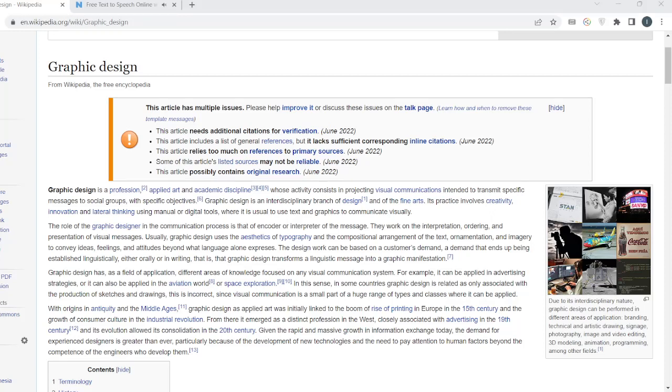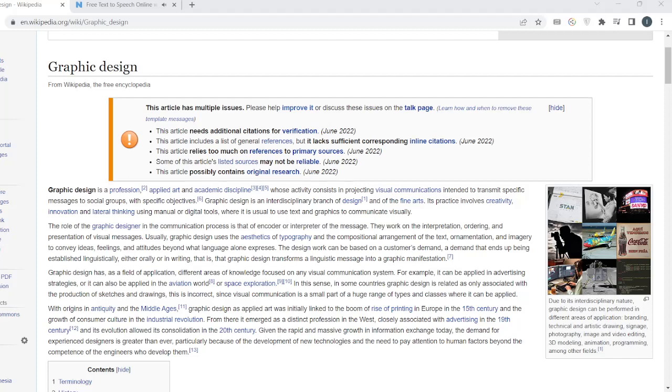Occupations. 7.1 Crowdsourcing in graphic design. 8. See also. 8.1 Related areas. 8.2 Related topics. 9. References. 10. Bibliography. 11. External links.